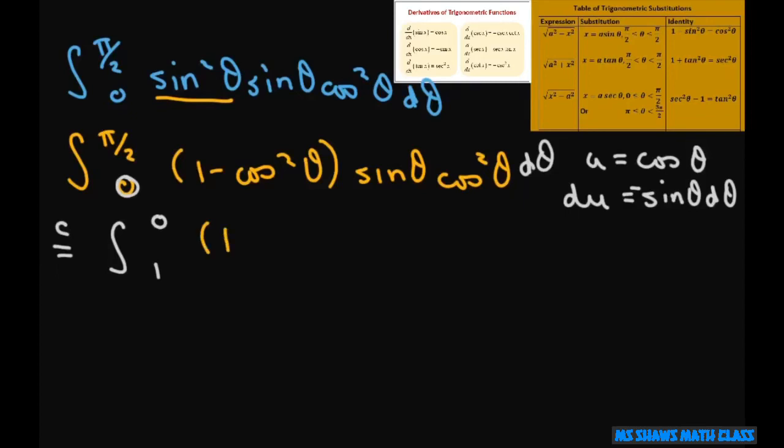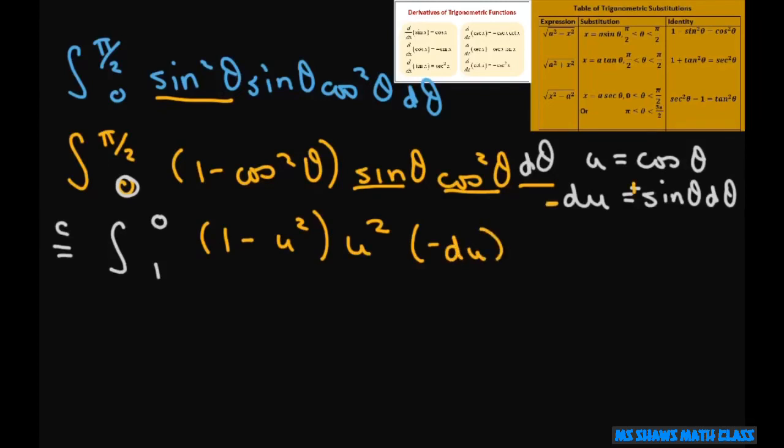So then we'll have 1 minus u squared times u squared, and then we have this negative sine of theta, so that's going to be negative du. So you can pull the negative out here.